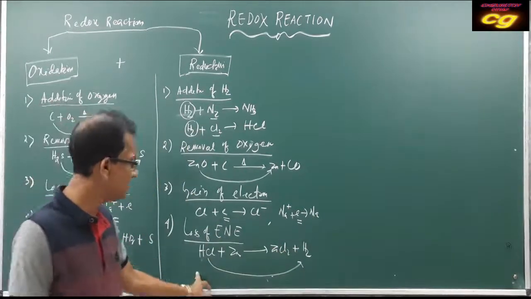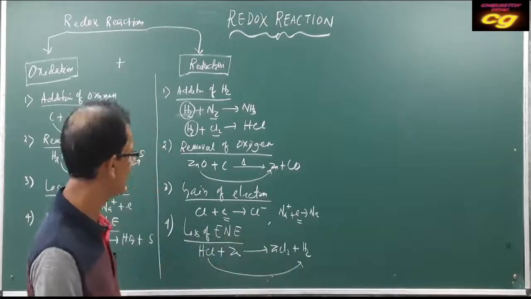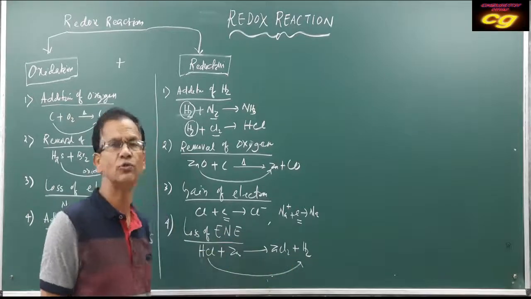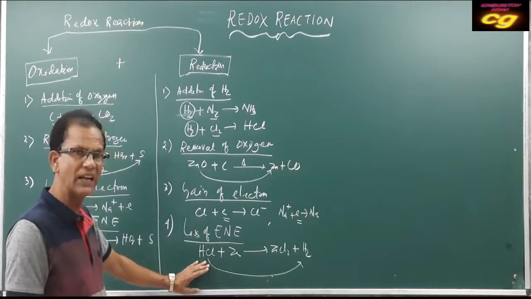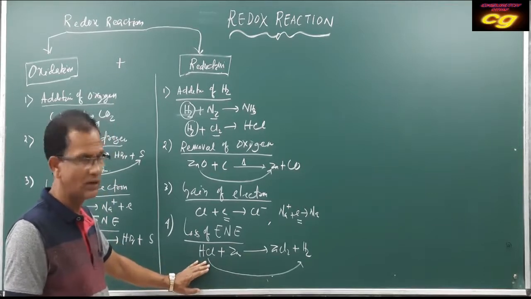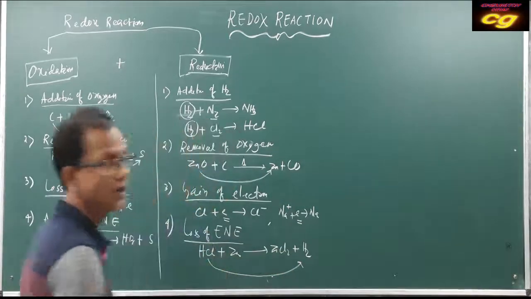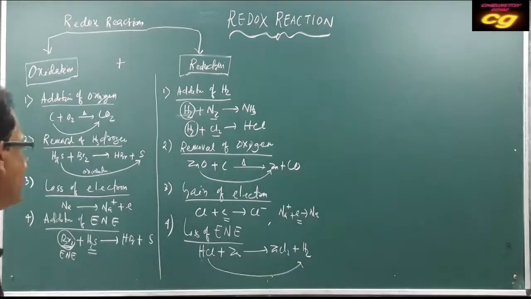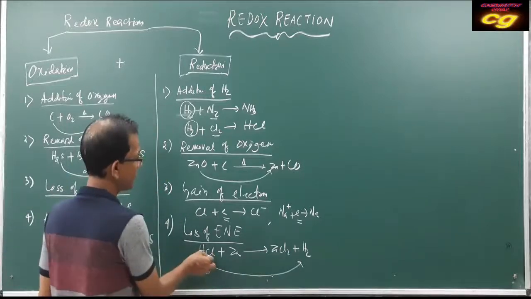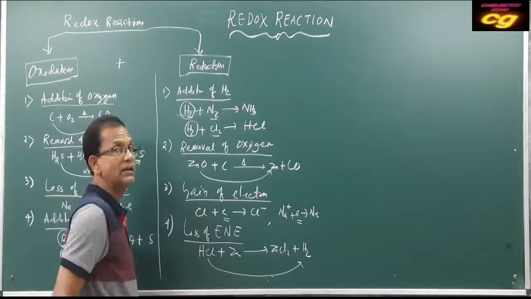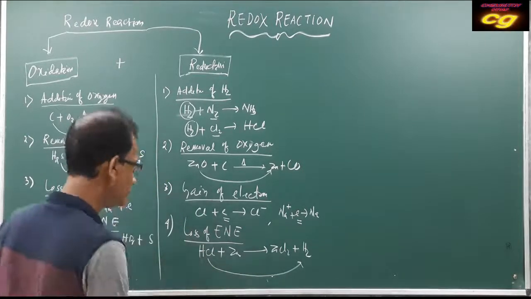So HCl is converted to H2. So loss of electronegative element is also one case of reduction.